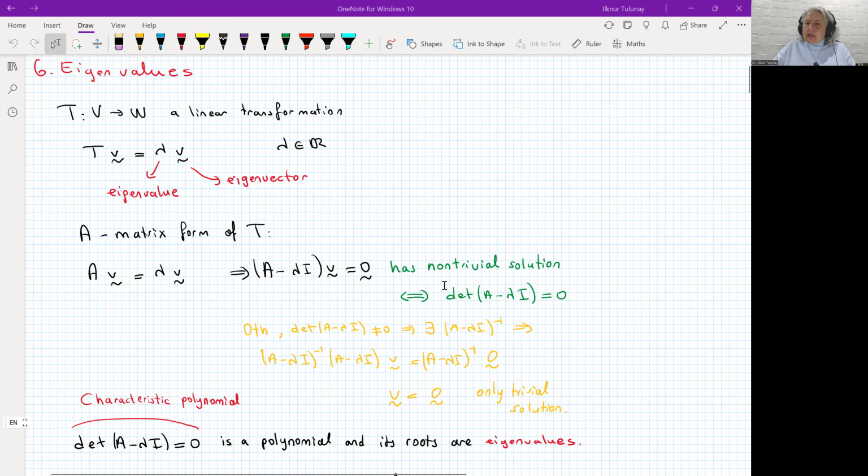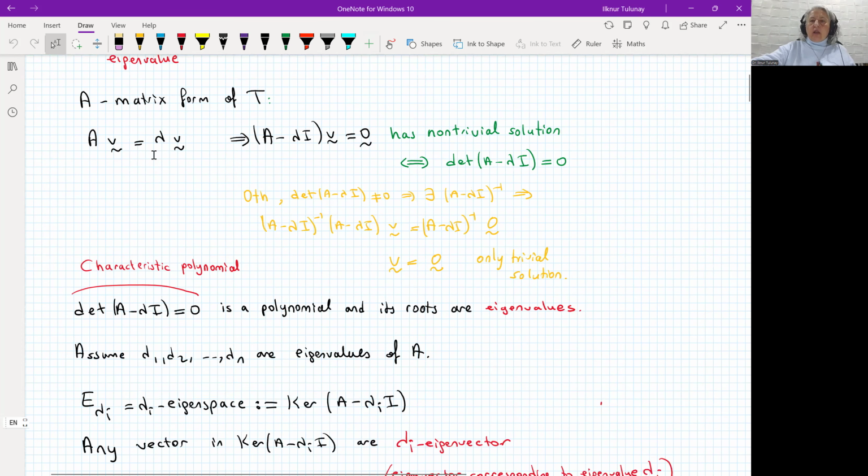Now, this is an equation, right? And lambda is not known because we first would like to find out what the eigenvalues are. We would like to figure out eigenvalues and eigenvectors. First, we find eigenvalues, then we find eigenvectors corresponding to eigenvalues. Okay, this idea gives us how to calculate the eigenvalues.